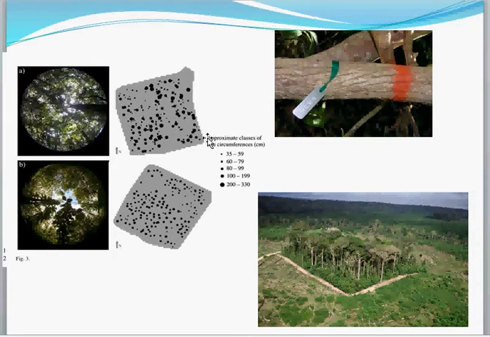Most of these plots, or often in these plots, you would find that the trees are individually marked, and this is important if you're going to do any sort of dynamics in these plots. For timber production, trees can be individually marked and remeasured at different times, say every 3 years or so, to assess how quickly species grow.